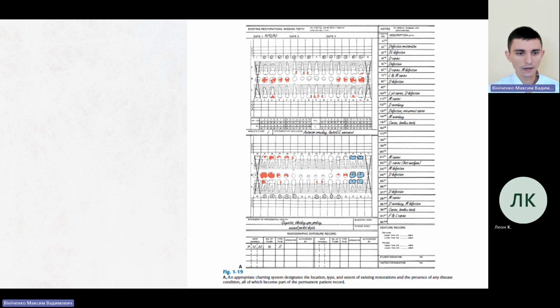Here you can see an appropriate charting system designating the location, type, and extent of existing restorations and the presence of any disease condition, all of which become part of the permanent patient record.